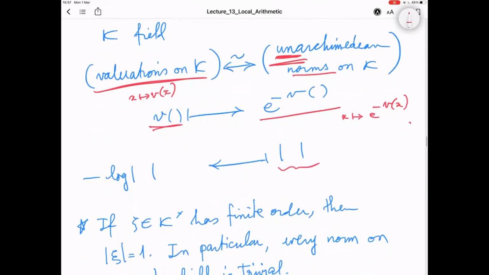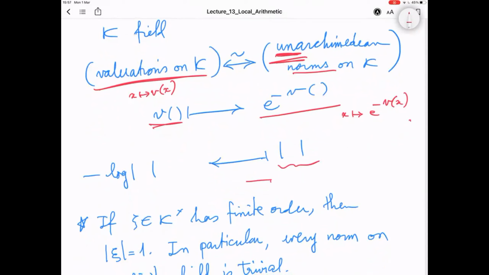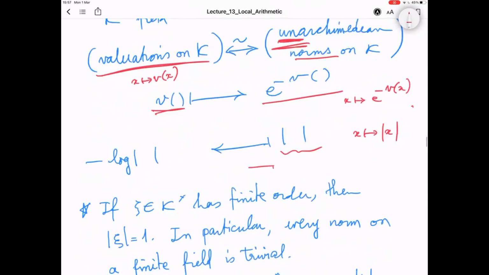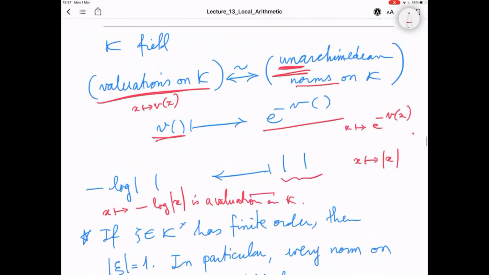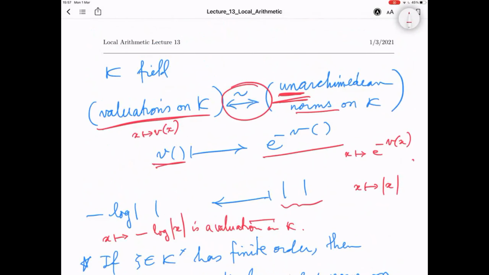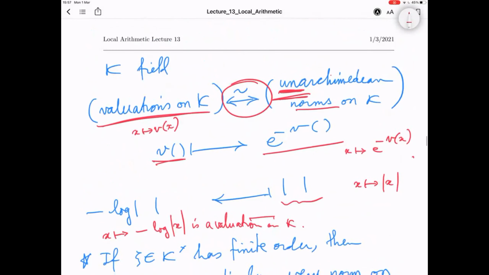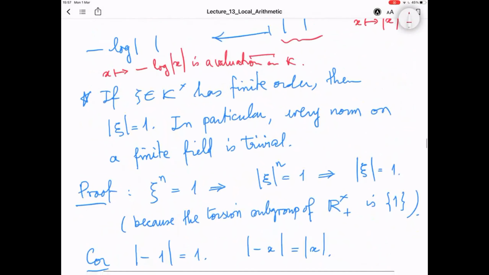So if I have a norm which is non-Archimedean, so the norm is x going to mod x, then x going to minus log mod x is a valuation on K. So the idea is that this is actually a bijection between valuations on K and non-Archimedean norms.